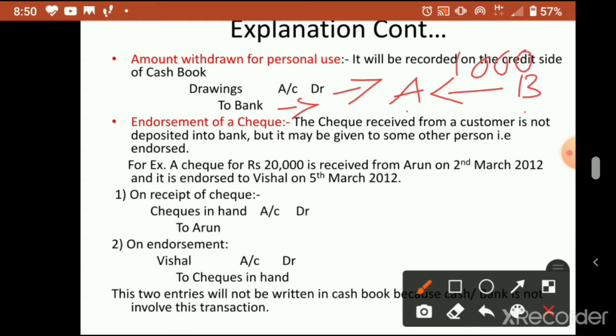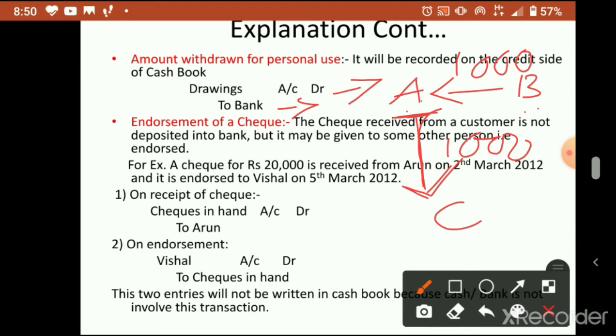So B has to give money to A. So instead of cash, B told A that I'll give you a check. So A received a check from B. Now this check is with whom? A. Now A has a creditor. A has to give money to C, 1,000 rupees. So now what will he do? This A can transfer this same check to C.